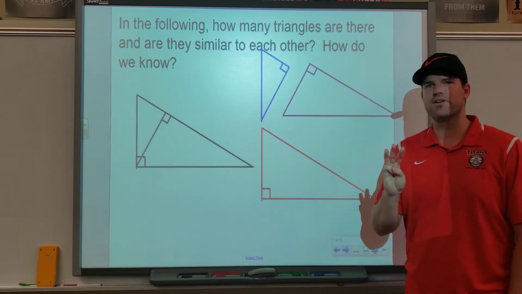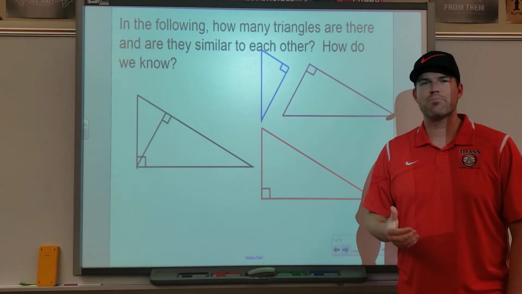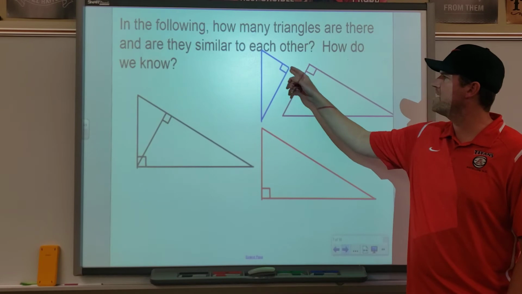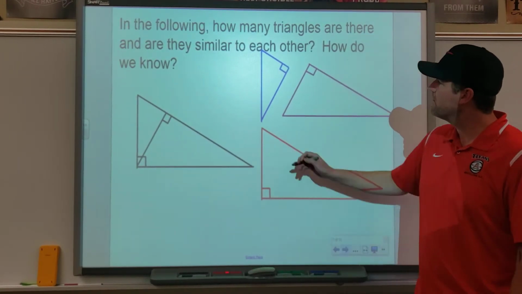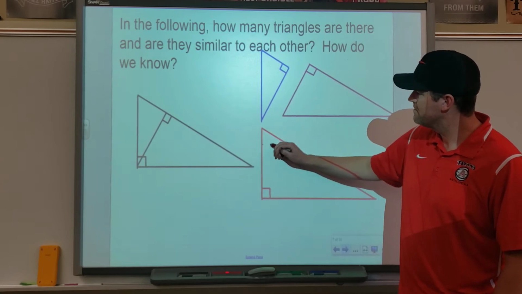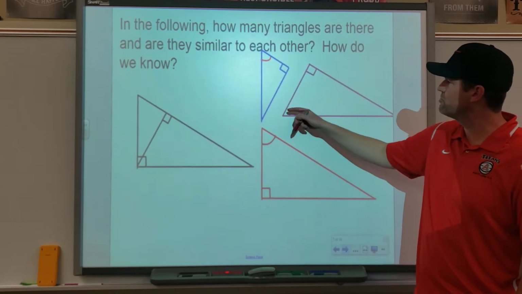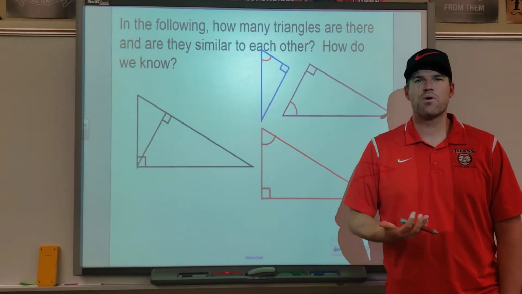So we have three triangles, and we know that if we turn them, like I did with the paper, all three triangles are similar. They all have the 90-degree angle. And then their acute angles, well, actually, they're all acute. If I follow the short side, this angle, if I follow the short side, this angle, and if I follow the short side, this angle, those all are congruent as well.